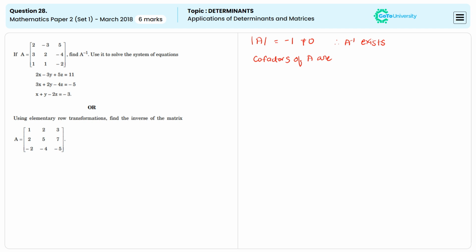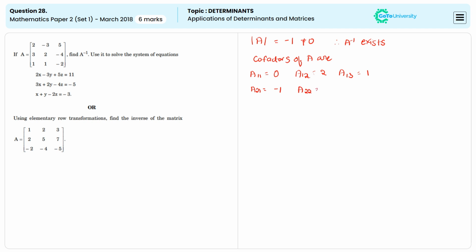That is A11. If you expand, you get 0. A12, if you expand, you get 2. And A13, if you expand, you get 1. And A21, if you expand, you get minus 1.